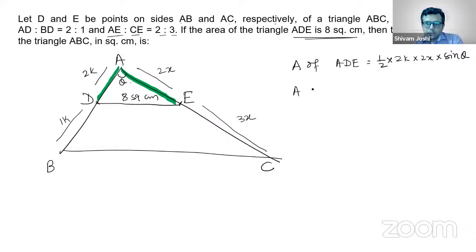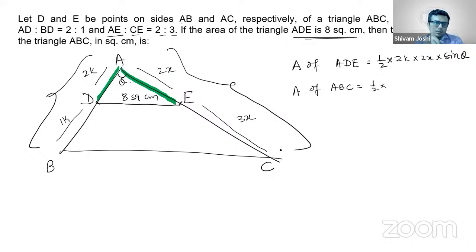And we can also write the similar formula for the area of the whole triangle, which is ABC. That is half into this into this, which is 3K and 5x into sine theta.